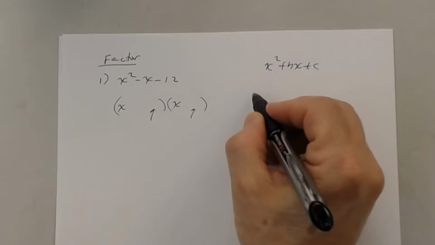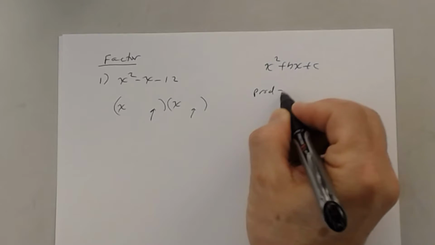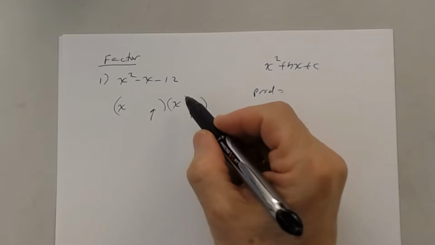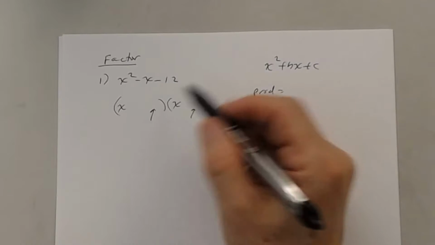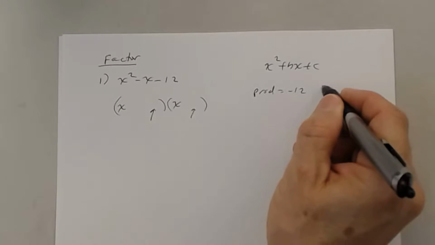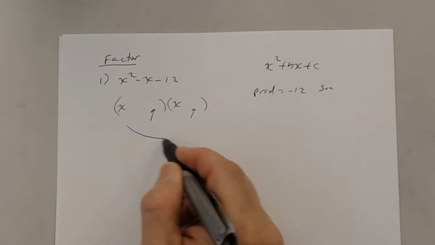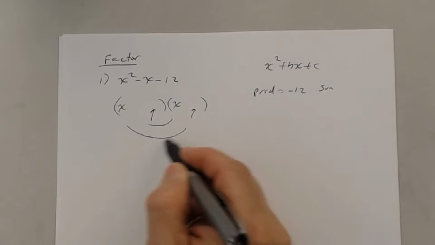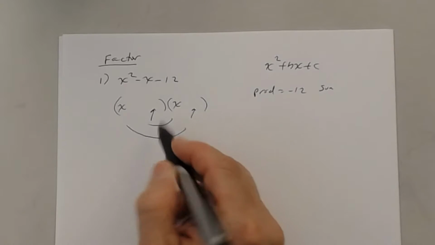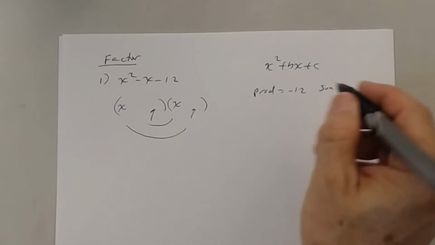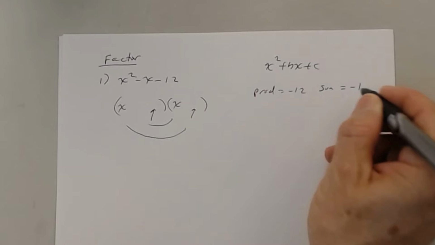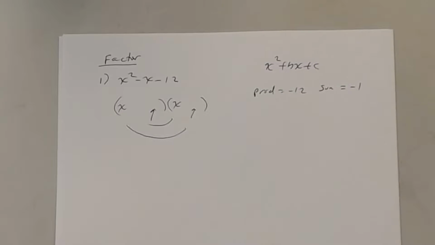So I want to find two numbers whose product is c, your constant. What's my constant here? Not 12. Negative 12. And I want the sum, because remember, that's the outer and the inner. The outer and the inner, that sum has to be the middle term. What's the coefficient of the middle term? Negative 1. So I want to find two numbers whose product is negative 12 and whose sum is negative 1.